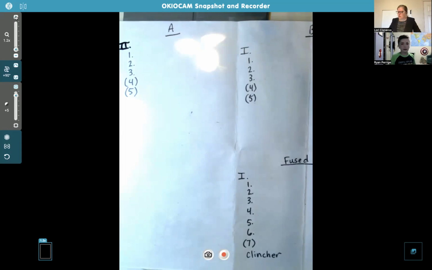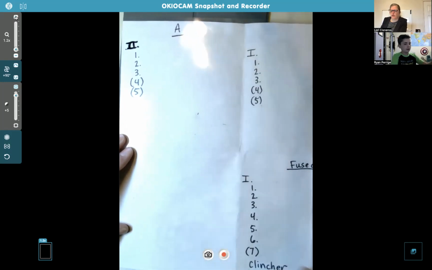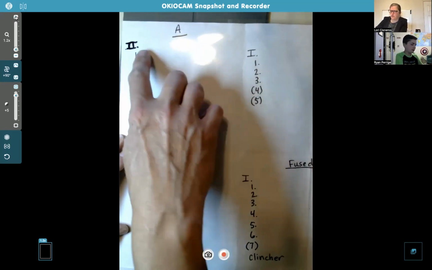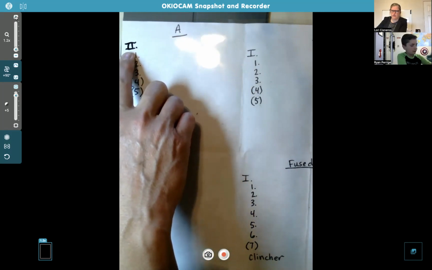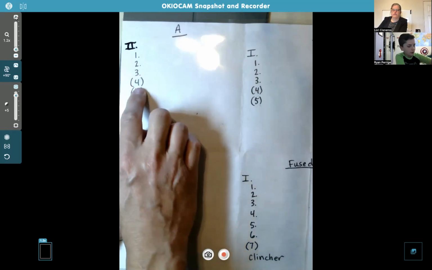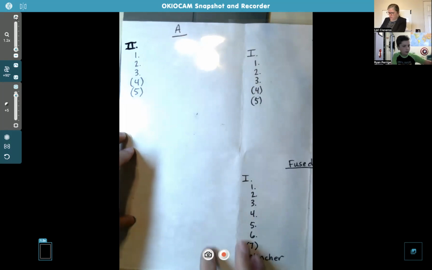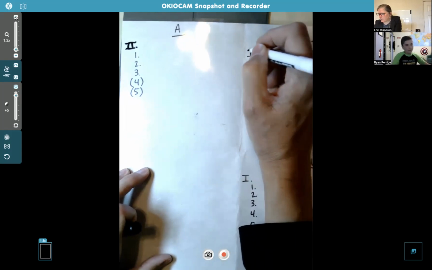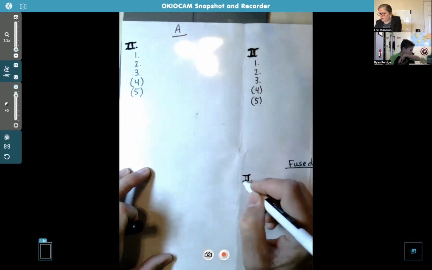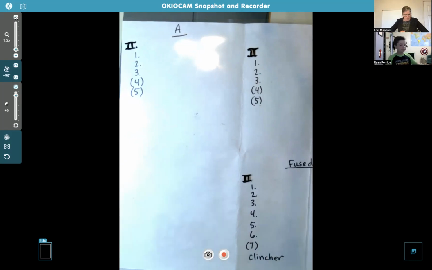Okay, all right. You're going to set it up the same way with ABC on top. And instead of Roman numeral 1, you're going to put a Roman numeral 2 for the second paragraph. And then 1, 2, 3, and then 4 and 5 in parentheses. So pretty much exactly like the first one, except for Roman numeral 2 everywhere. I'll let you set that up real quick and then we'll talk. Take your time. You don't have to rush. It's okay. I know it takes a minute.